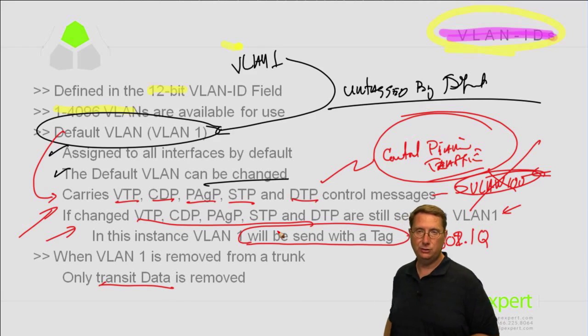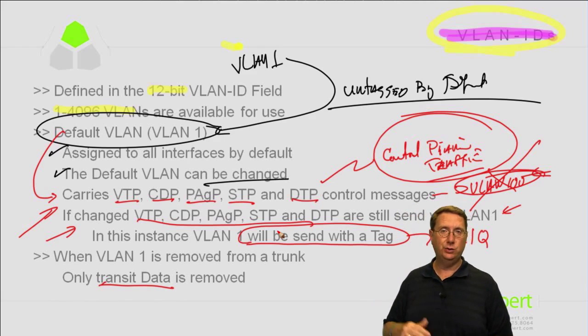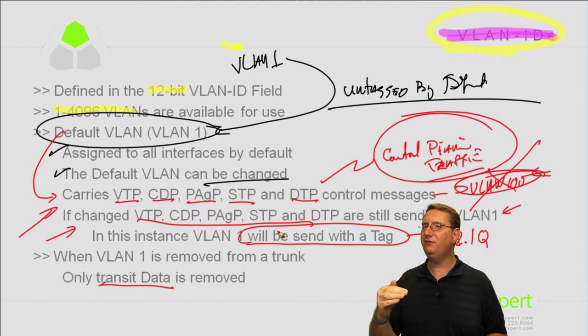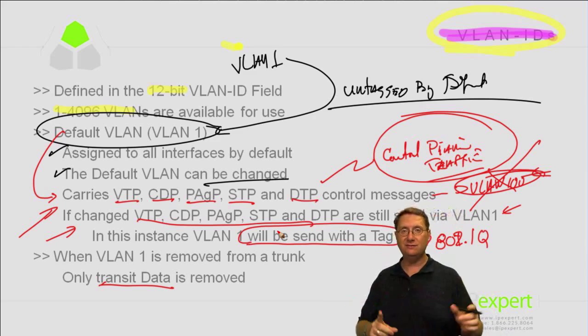So the main thing that we need to understand here is that I have the capability of changing my native VLAN to another VLAN, but it's still going to be the job of VLAN 1 to carry all that control plane information. If I've changed the native VLAN to VLAN 100, VLAN 100 will be untagged. And it needs to be untagged on both ends of the link.